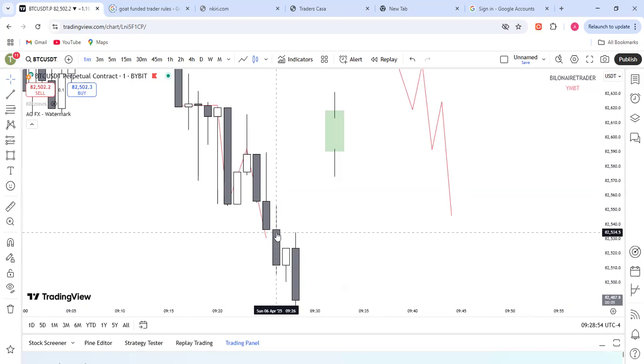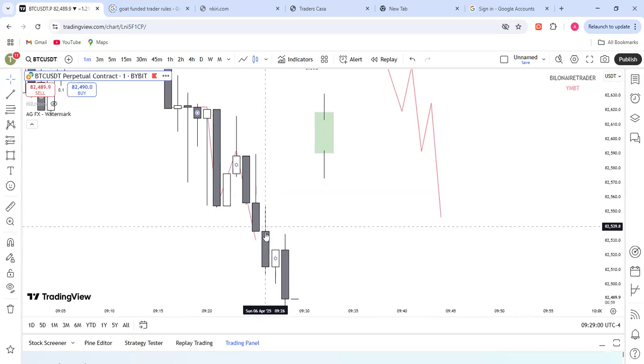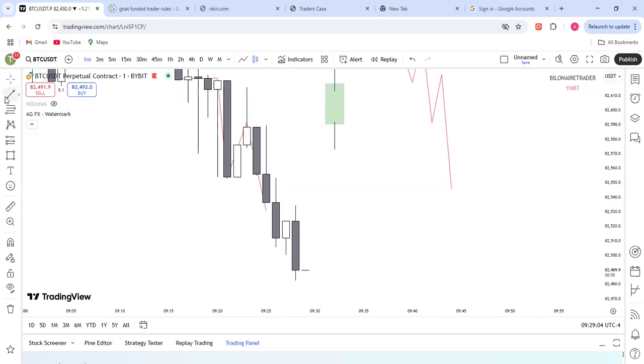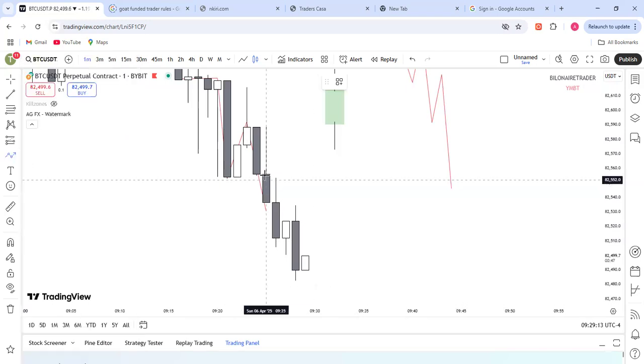Why is this candle bearish? Why is this 1 minute candle bearish? It is bearish because of what happened previously. This previous candle gave us this long candlestick, then it gave us this whole candle body like that.